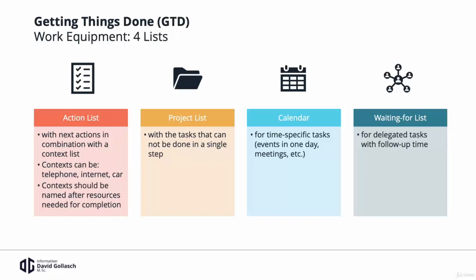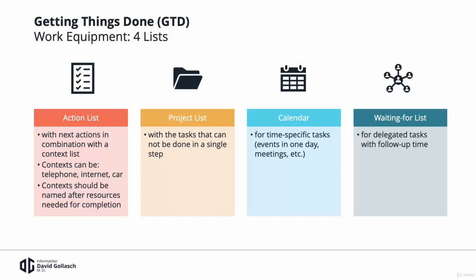So those context labels that you give here, well, it really depends on your own preference. Well, the first important list here is the action list with all the currently active or currently interesting tasks. Second one is a list of projects.